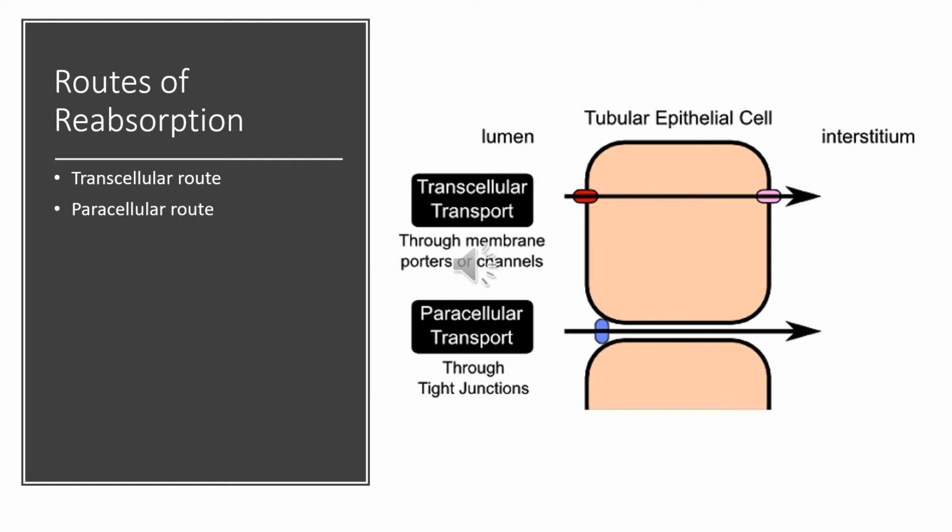The reabsorption of substances from the tubular lumen into the peritubular capillary occurs by two means. They are the transcellular route and the paracellular route. In the transcellular route, the transport of substances occurs through the cell, whereas in the paracellular route, the substances move through the space in between the cells.